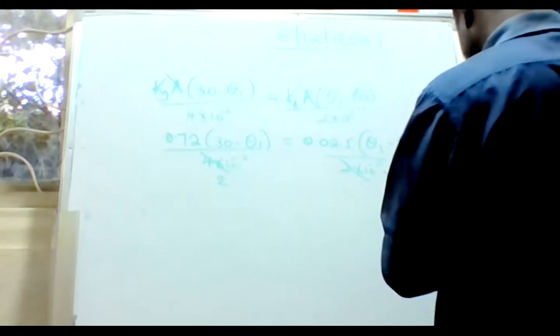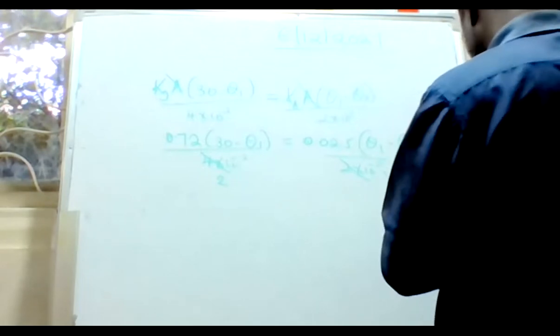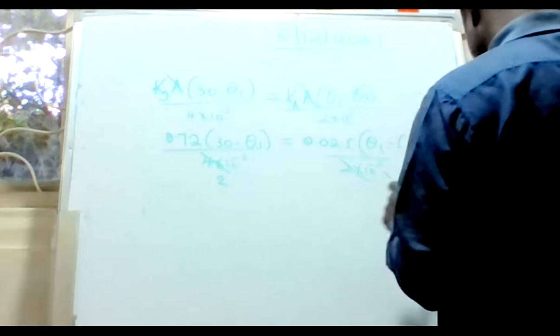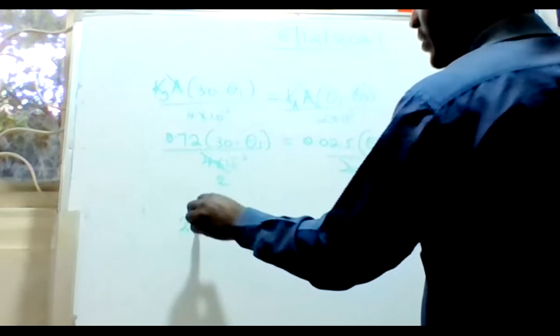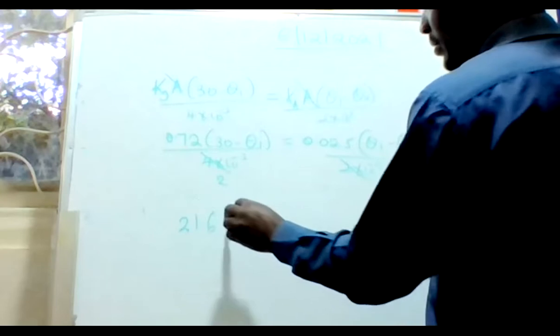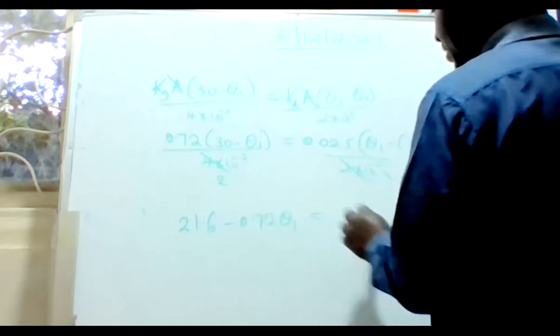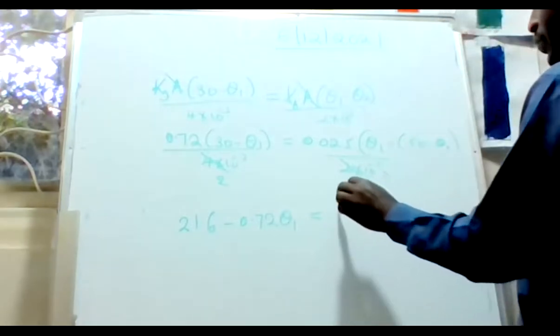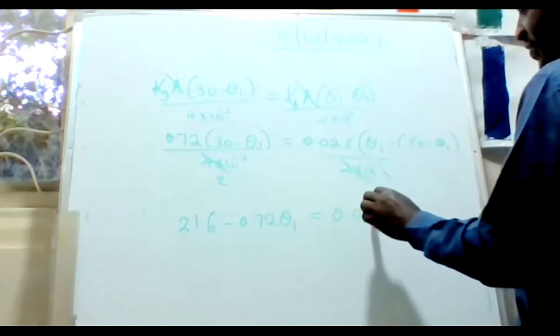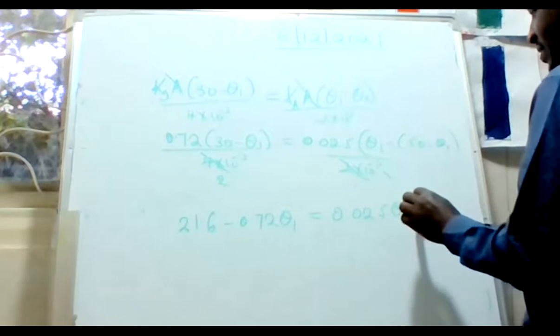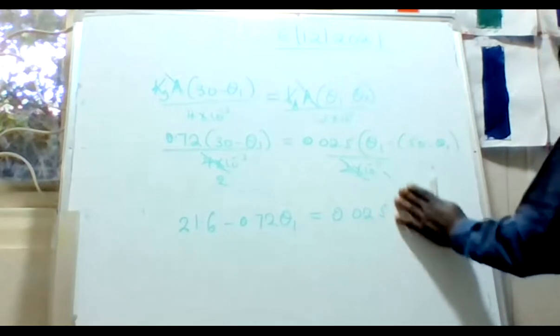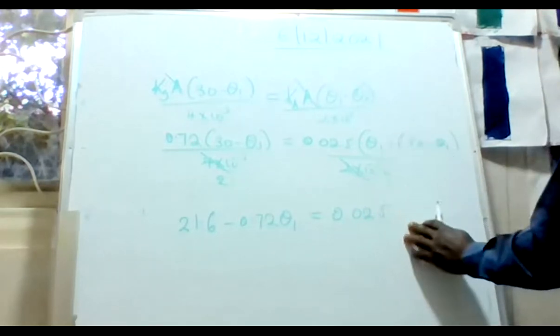0.72 times 30, which is 21.6, minus 0.72 theta 1 being equal to 0.025 theta 1. Now we can add theta 1 here. This one will be 2 of them.